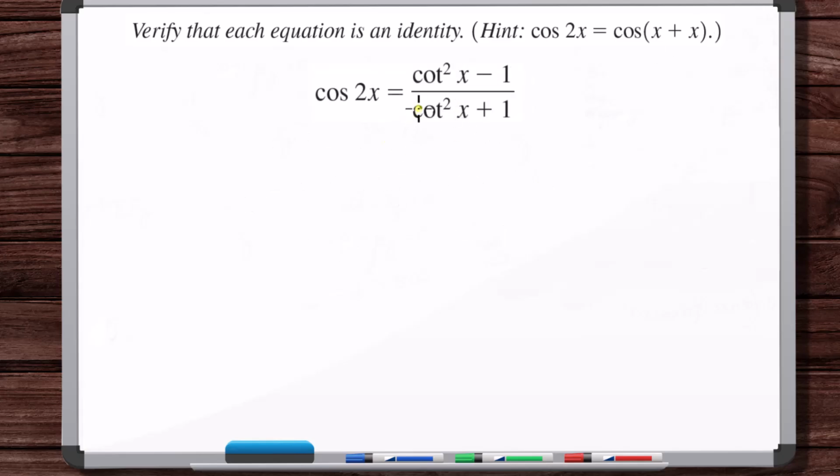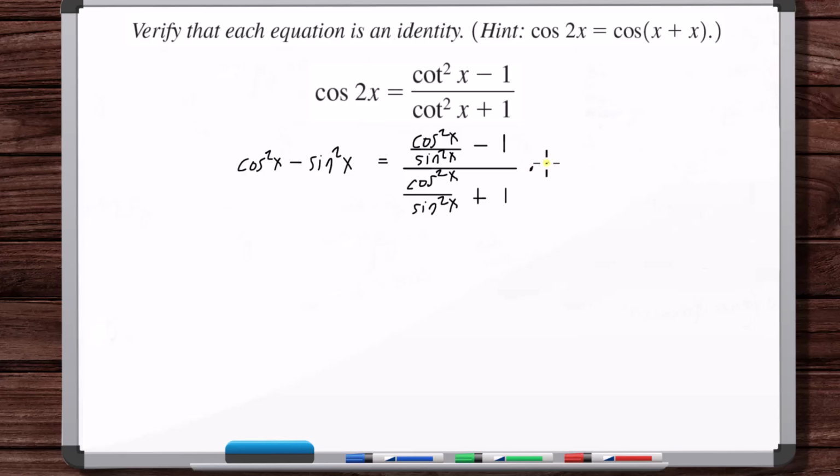Okay, so here, let's go ahead and write cosine 2x as cosine squared x minus sine squared x. And then cotangent squared is cosine squared x over sine squared x, plus 1.